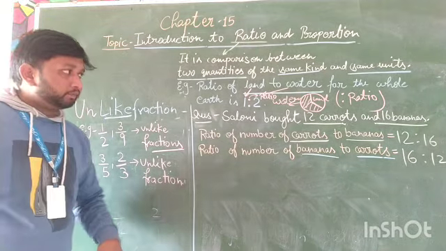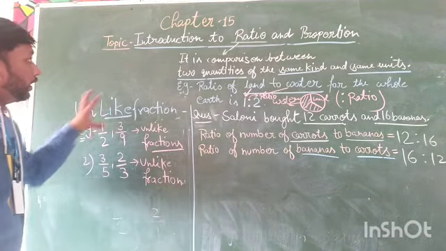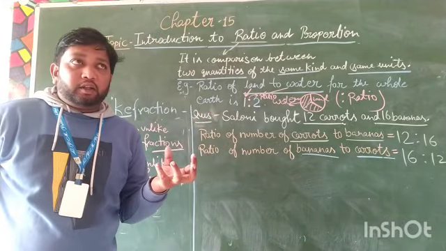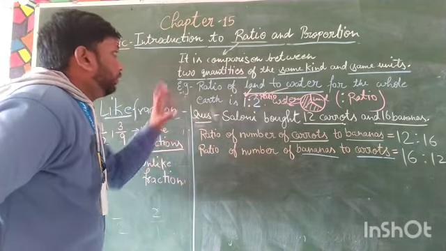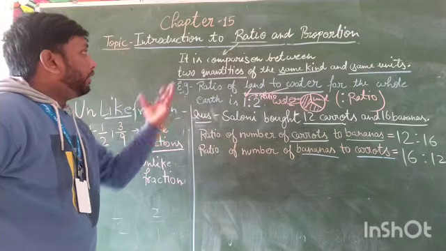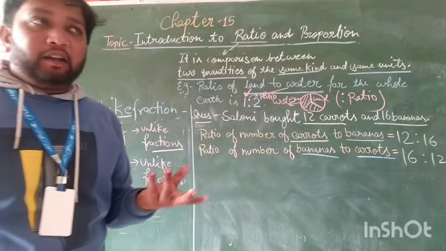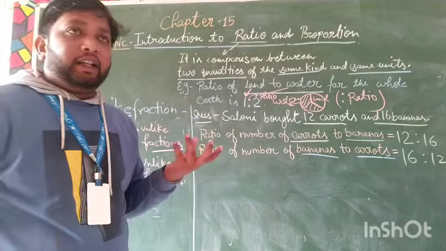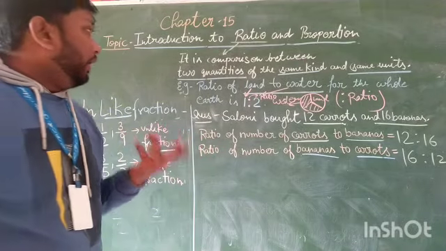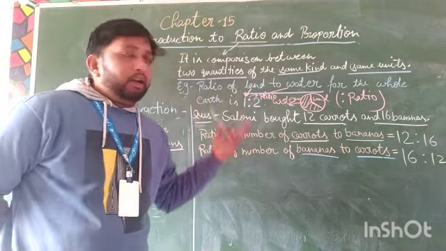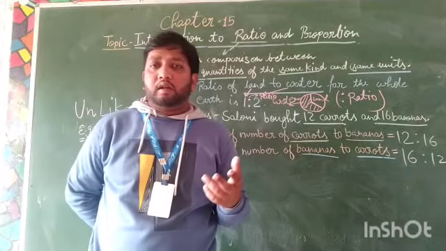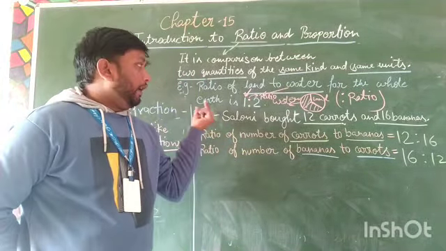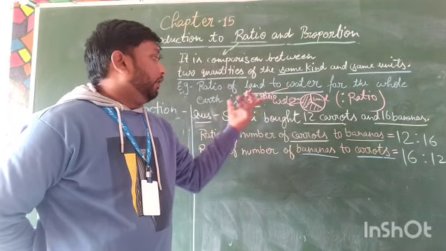Now moving on, this is the introduction of ratio and proportion. Firstly, we have learned what a ratio is. A ratio is the comparison of two quantities, and the quantities must be of the same kind and the units of the quantities must be the same. For example, if we compare land and water on earth, the ratio of land to water is 1:2.